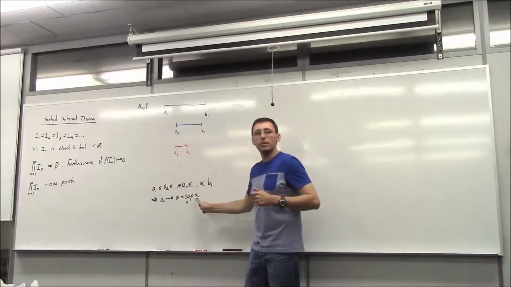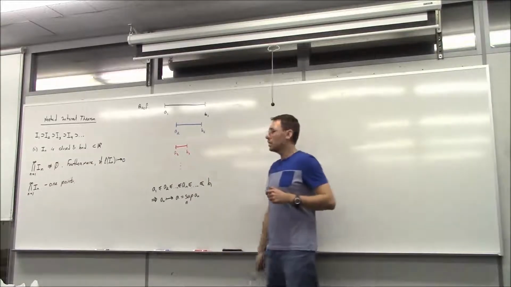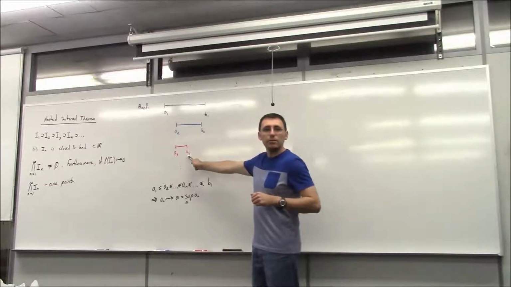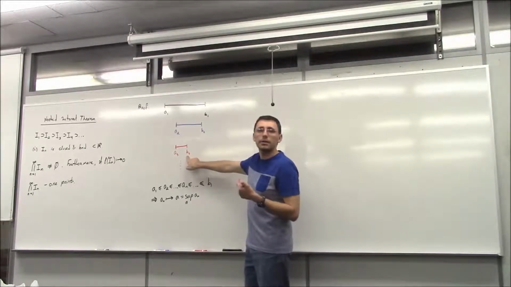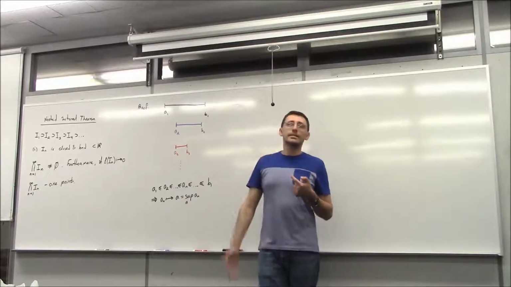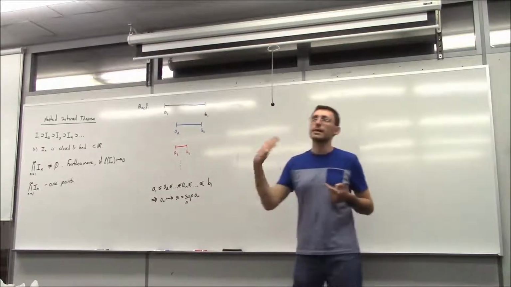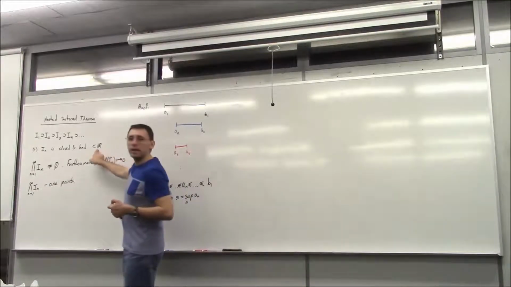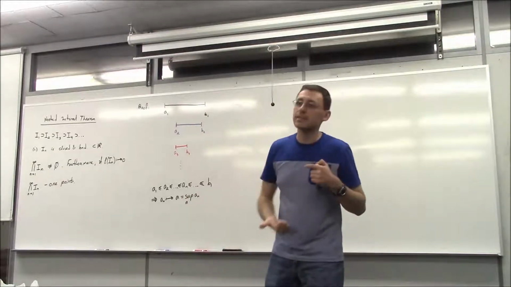A is the supremum of A1, A2, A3, etc. Which is B1? No, we don't know that. By the picture, it's clearly not B1, because the next interval is not going to extend farther to the right than B3. B1 is just some upper bound, and here it's important that we're in R: if we have an upper bound, we have a least upper bound.